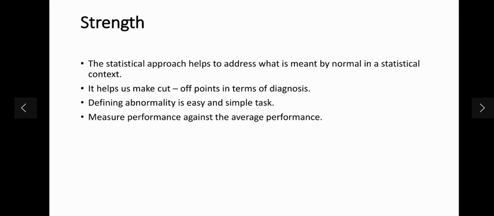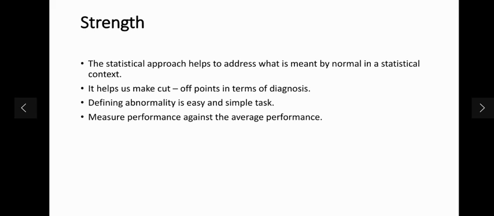The strengths or merits of statistical criteria are as follows. Firstly, this criteria helps to explain the meaning of abnormality in the statistical context. So it tries to explain what is meant by normal and what is abnormal from a statistical point of view. Secondly, it helps to make a cutoff point for diagnosis. This is the point: beyond this is abnormal, within this is normal.